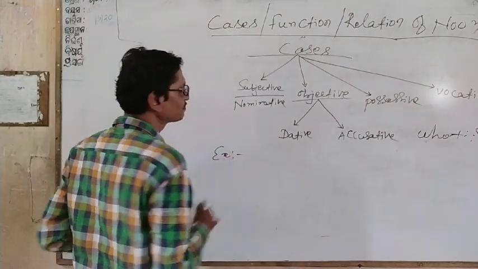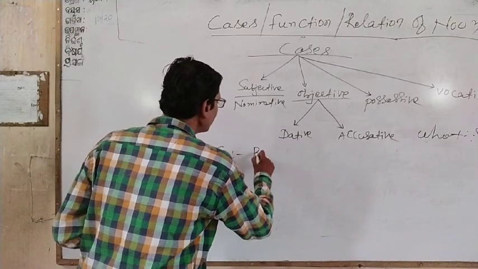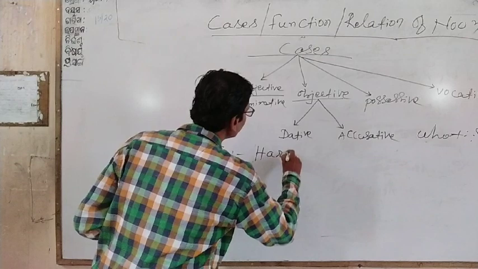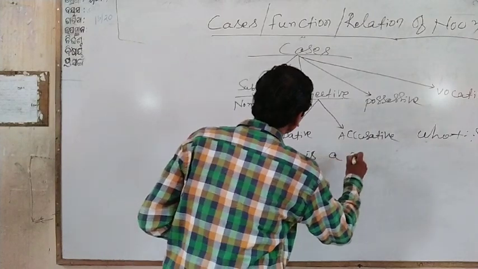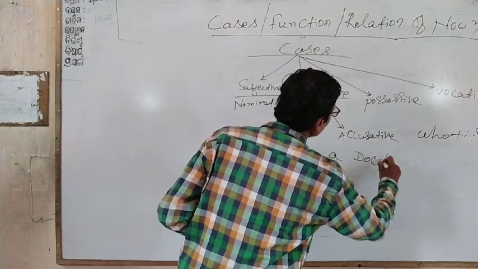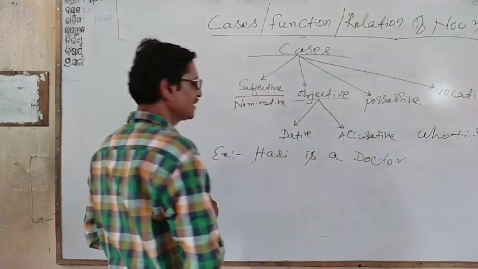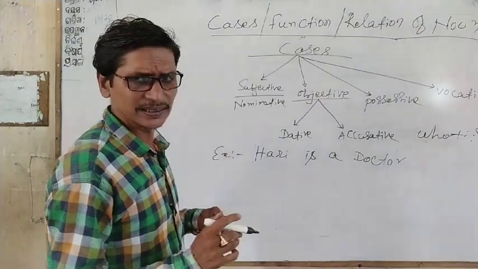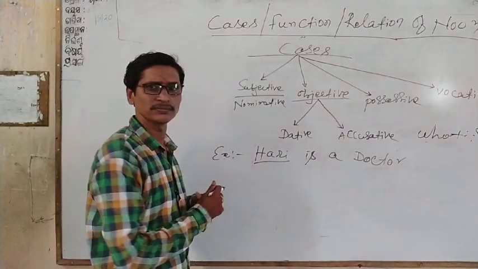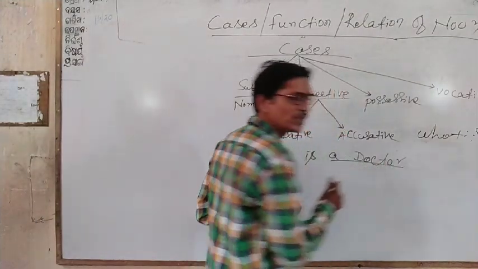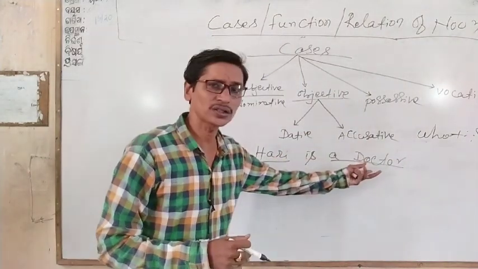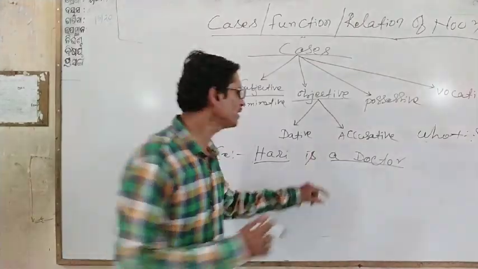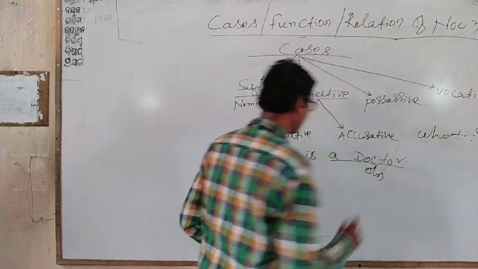Now you see, the example I am giving you. Hari is a doctor. See, this is a simple sentence. Hari is a noun. A doctor is also a noun. But here the doctor is coming after the verb, so here it is functioning as an object.